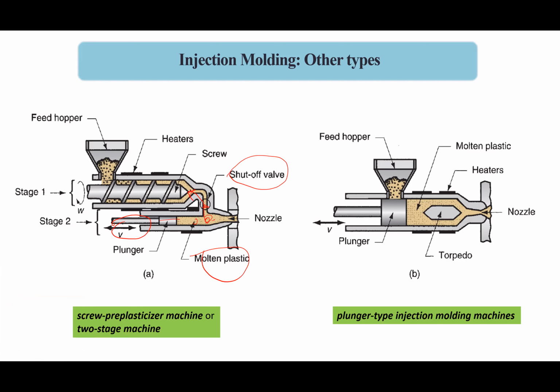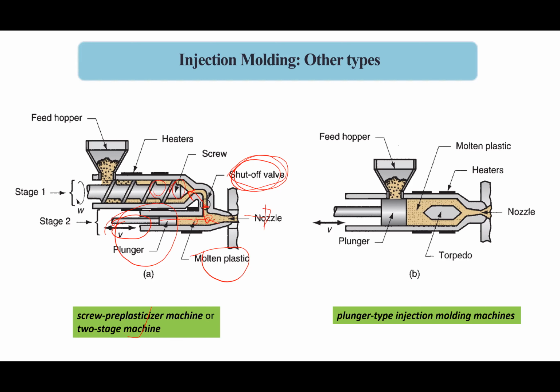So to stop that, a shut off valve is used, similar to the non-return valve we used in the other one. But this valve closes when the material is fixed in here, and then the plunger pushes the material into the cavity. This is a two-stage machine. In the first stage, only molten material is produced, and in the second stage, the injection is done with the help of another plunger.